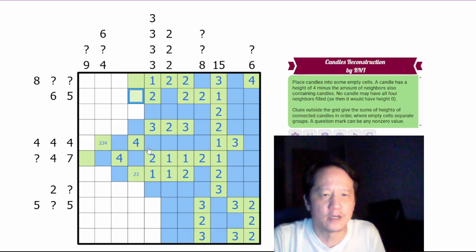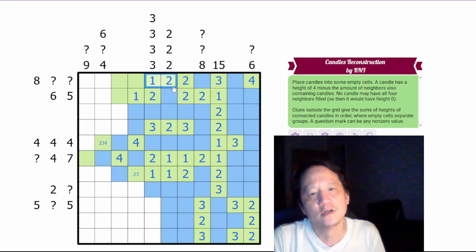This has to go this way because this cannot be 4. So this has 3 neighbors with candles, so this is 1, which makes that blue. This has at least 2 neighbors with candles, but it has to go that way because it's not going to add up with 2 to add up to 8.